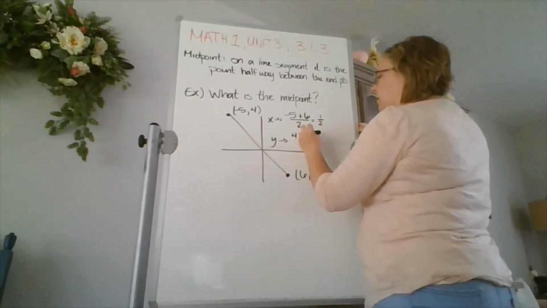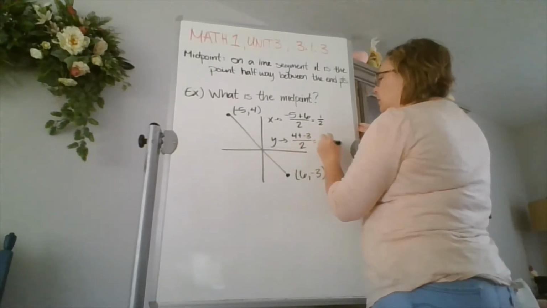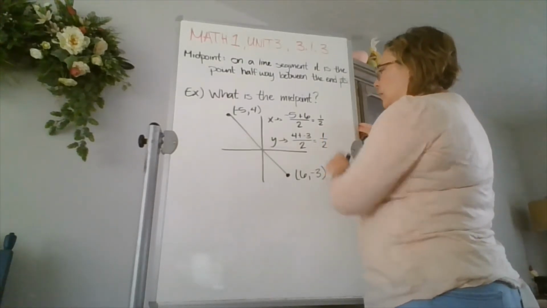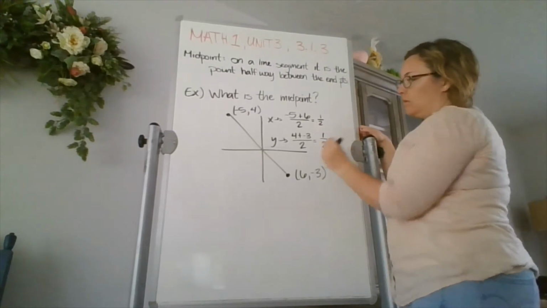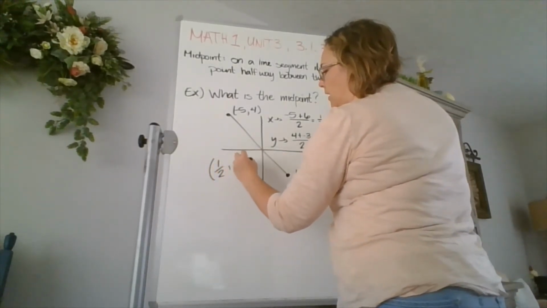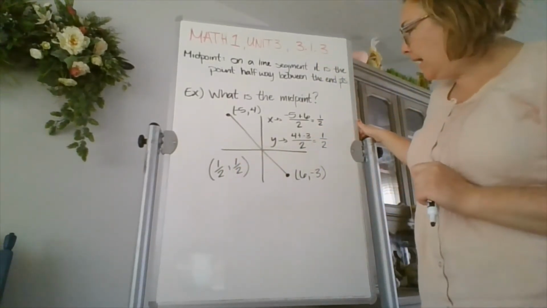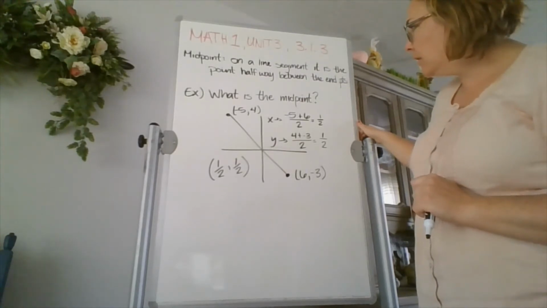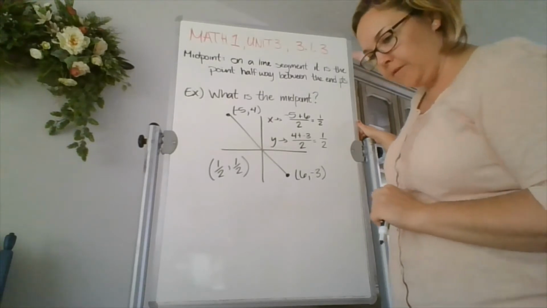So 4 plus -3 divided by 2 is equal to 1/2. So that's our x coordinate, and this is our y coordinate. So our midpoint is 1/2, 1/2. Okay, that is another way to find our midpoint.